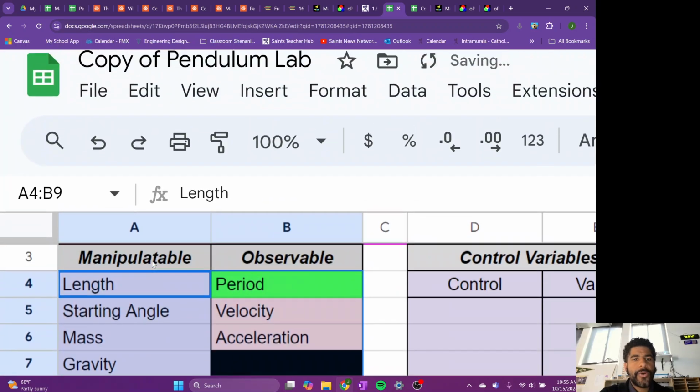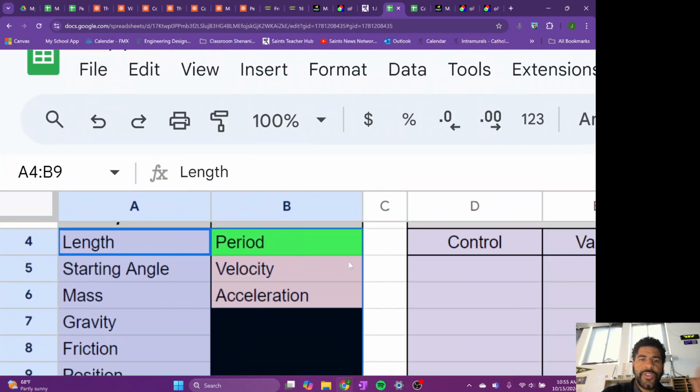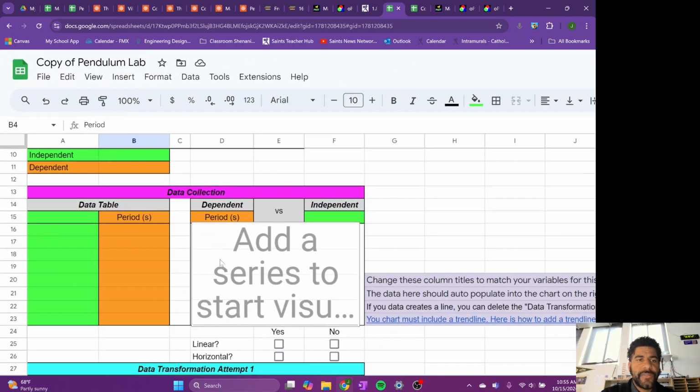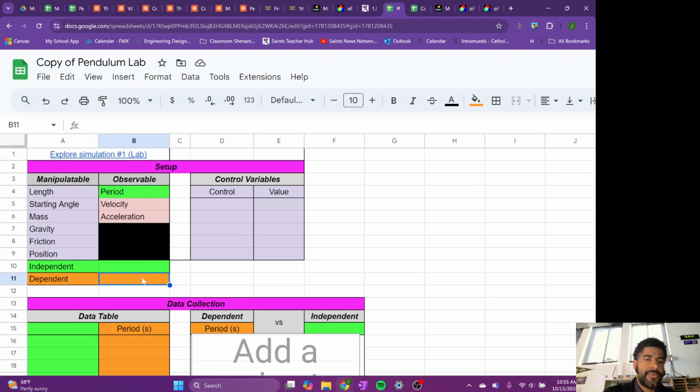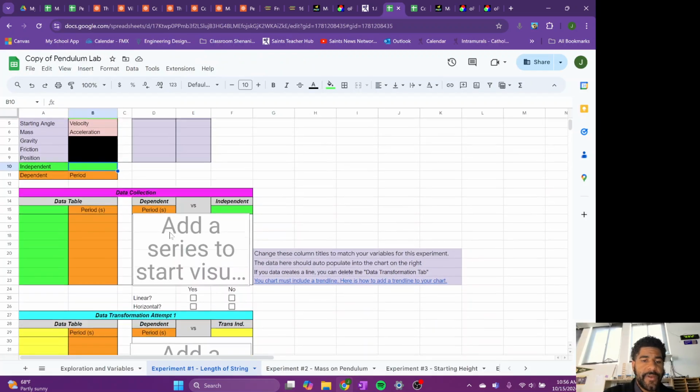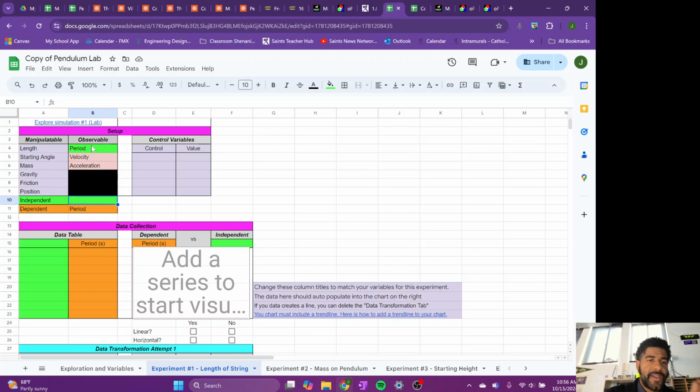What you're going to do in this is, these are all the different ones that you could do. And for all of these experiments, the dependent variable, the thing that we're looking for, is going to be the period. In each of these experiments, you are going to choose one of the independent variables based on these.